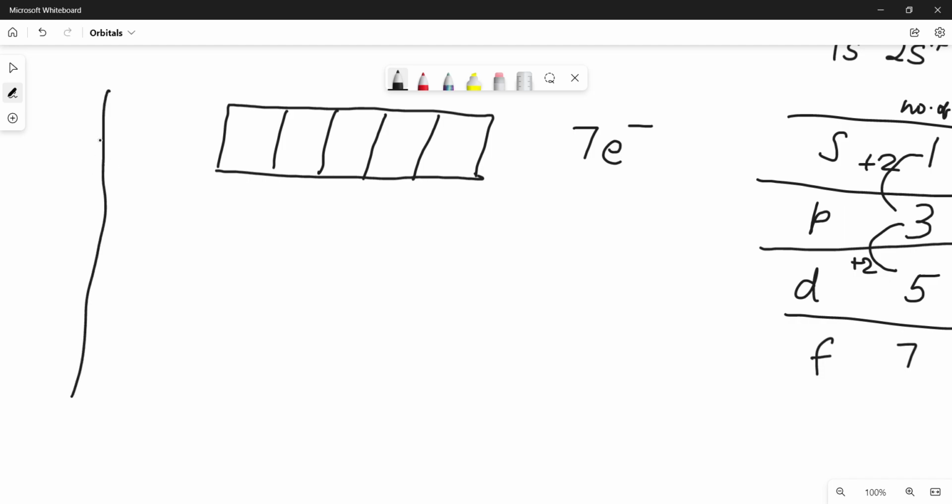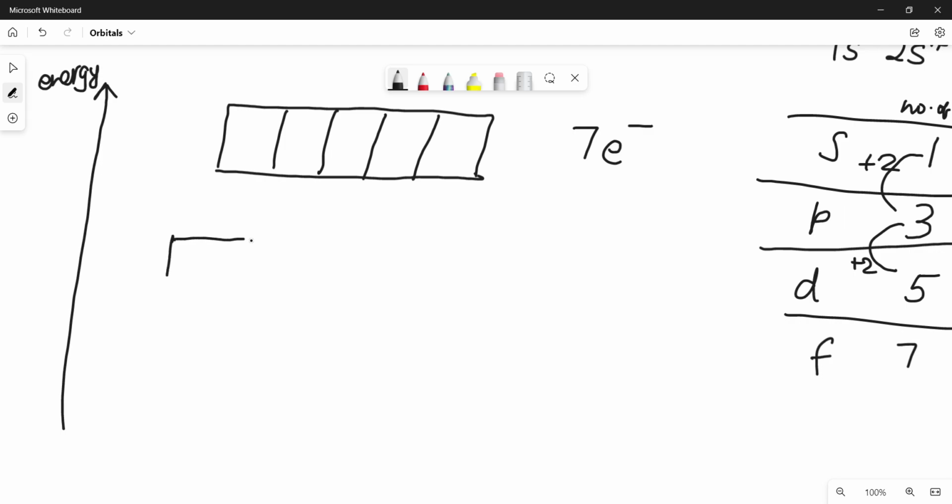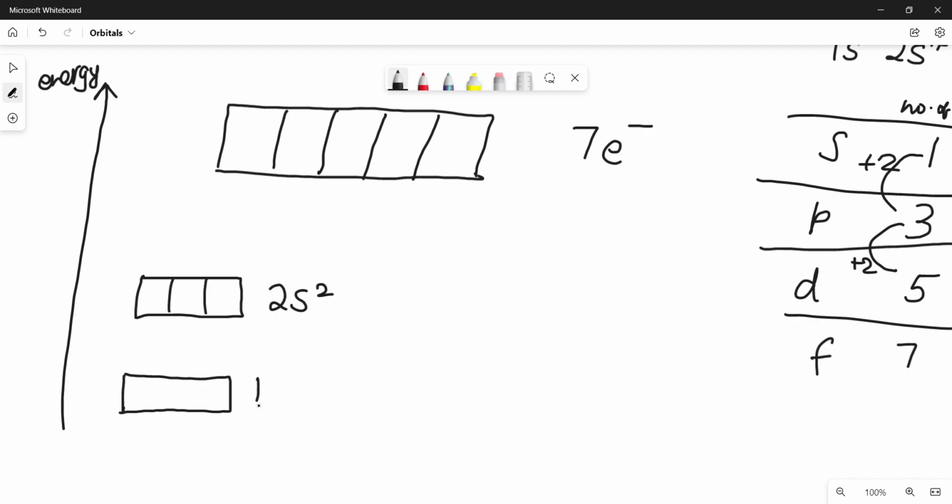So if we have an energy axis here going up, and this is energy, the bottom shells would be filled first because those are the shells with the least energy, and that would mean that the orbitals with lower energy, like 1s2, 2s2, and so on, will be filled first.